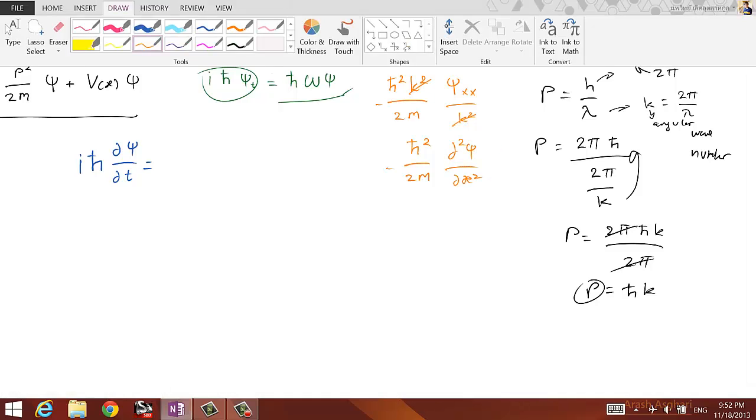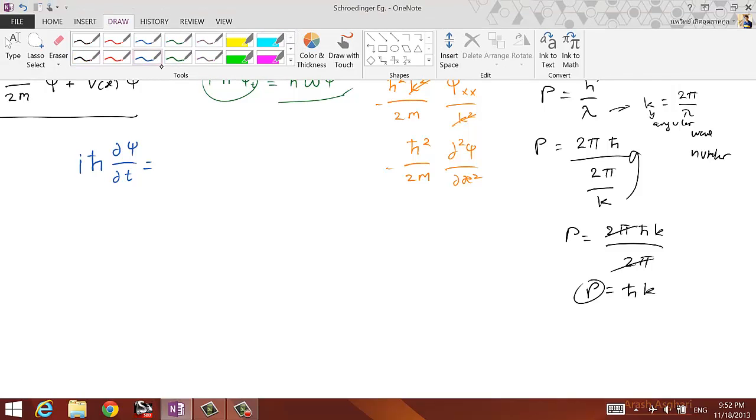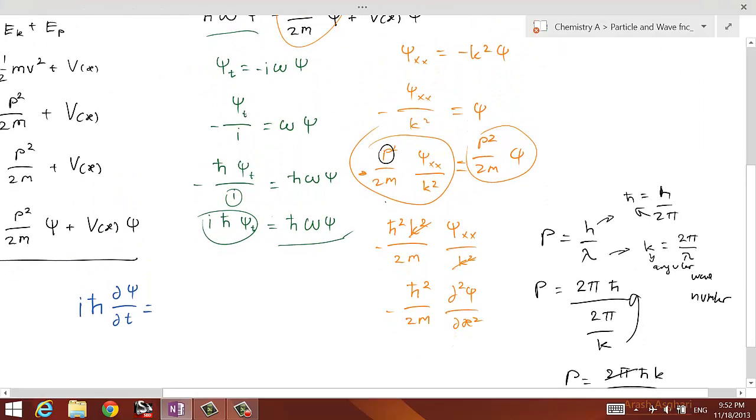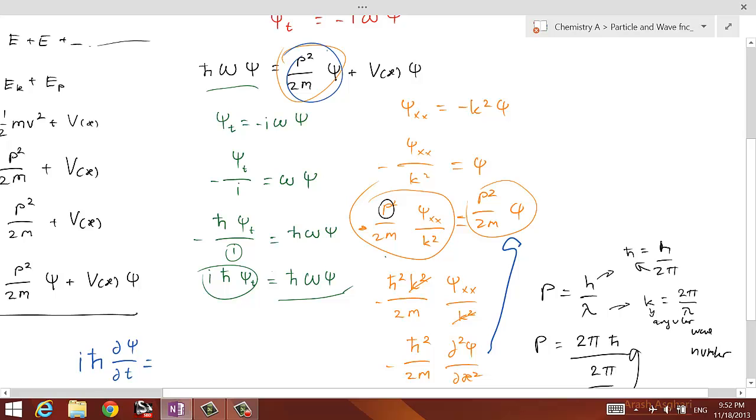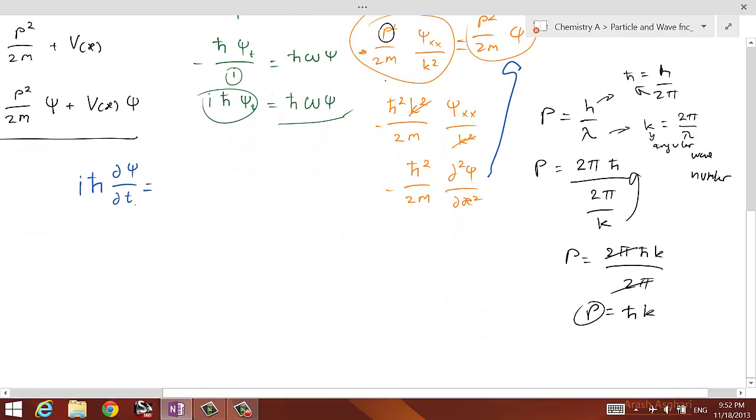Now I write that this thing and this thing are equal. I put it here instead of this. I write now here: equal to minus h bar squared over 2m, and differentiate the wave function by x two times.